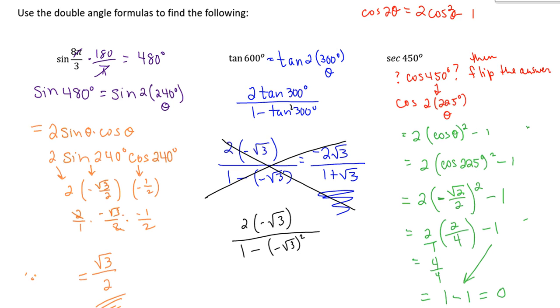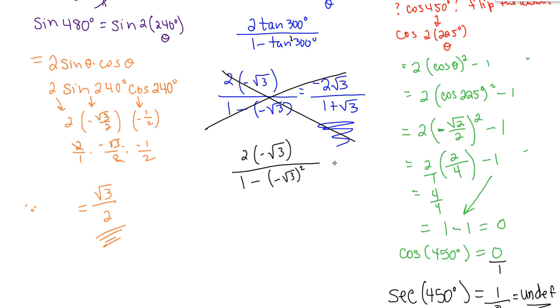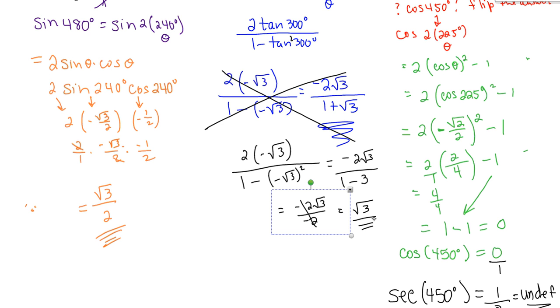It changes the answer all over the place. So that's negative 2 square root of 3 over 1 minus, now this guy right here, negative square root of 3 squared is just going to turn into 3. Negative 2 square root of 3 over negative 2. Those cancel, and we just end up with square root of 3.